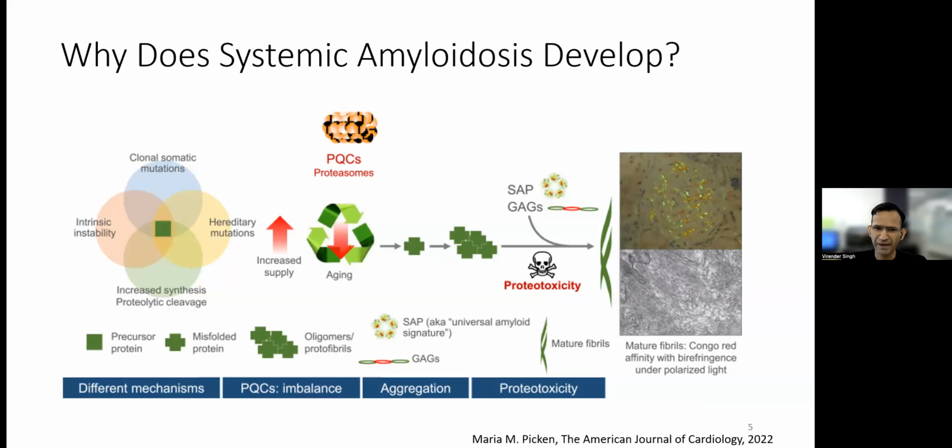All of these, combined or in isolation, could result in an increased supply of precursor proteins, which then unfold and form oligomers or protofilaments in combination with multiple partners, one of which is serum amyloid protein, which binds to the amyloids in systemic circulation. They result in proteotoxicity and could accumulate in different organs and result in different clinical manifestations.